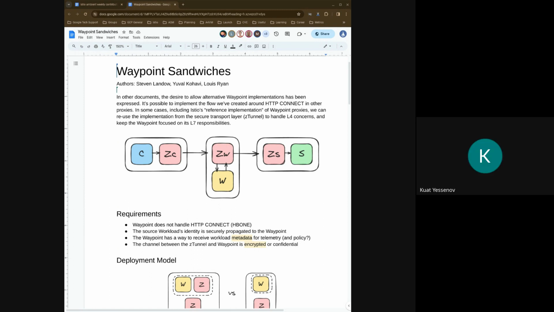The third requirement, Waypoint has a way to receive workload metadata for telemetry. Yes, so the metadata about S in the picture. Yes. So Stephen, because the z-tunnel sees both the client and server identity when forwarding traffic over the proxy protocol, it can also pass the server's metadata in a TLV.